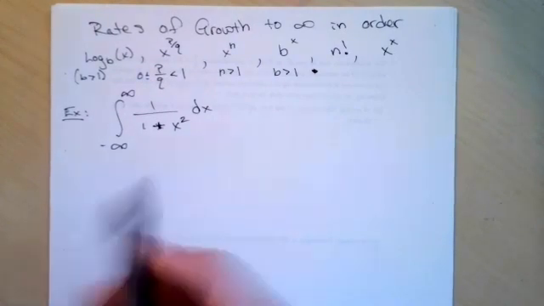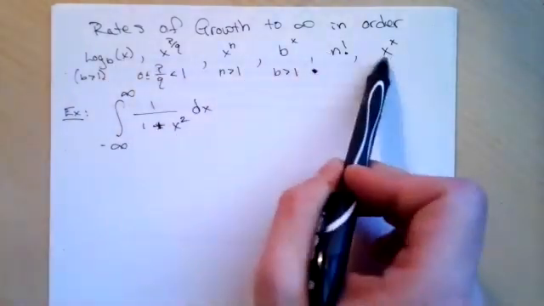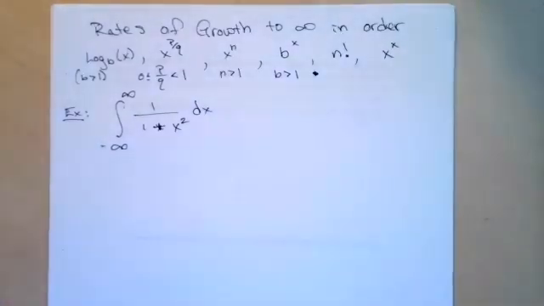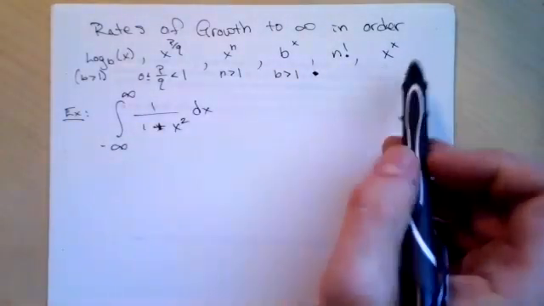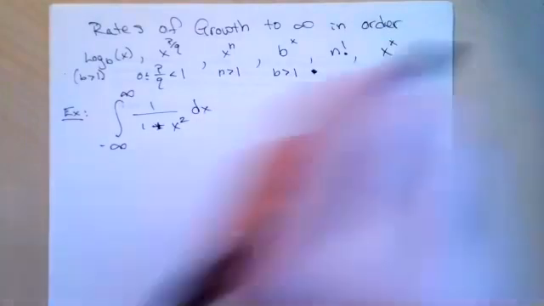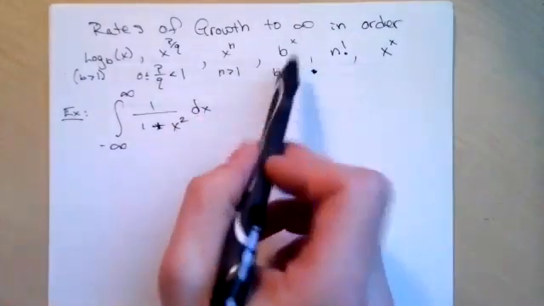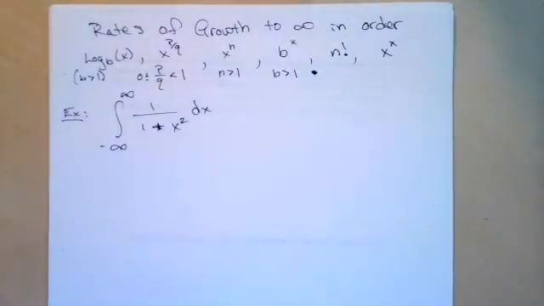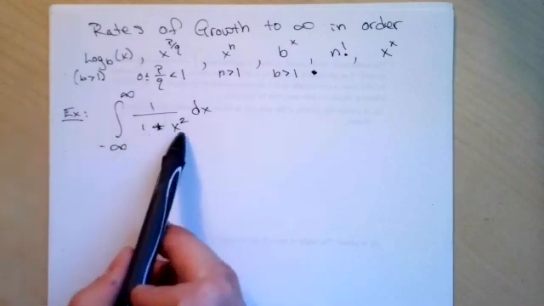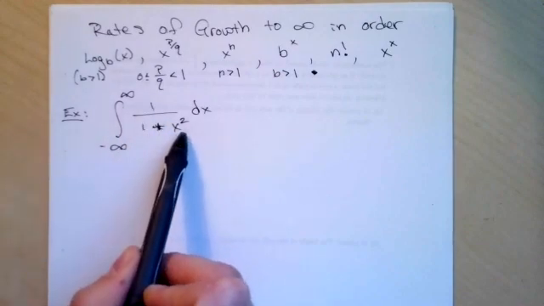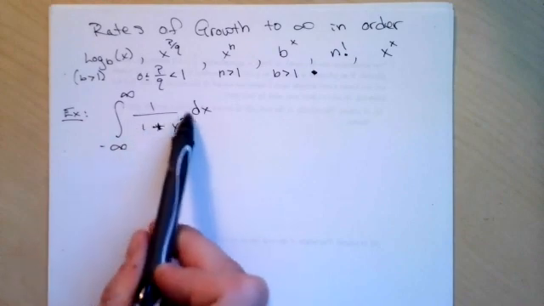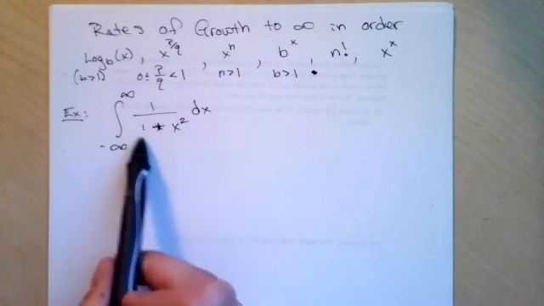You want to think of things in terms of their order of growth, and also think now if any of these are in the denominator, that's the rate of decay in the same order, right? 1 divided by this is going to decay to 0 really fast. 1 over an exponential, or an exponential to a negative exponent, is what that means. Going to decay really fast. And we already saw that 1 over x squared ends up being finite. And now the denominator here, is it bigger or smaller than x squared?